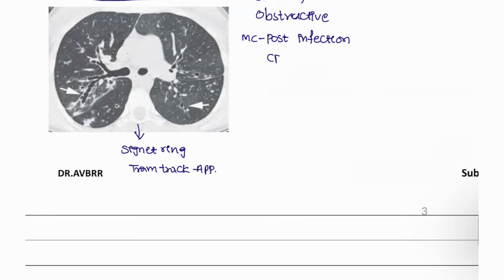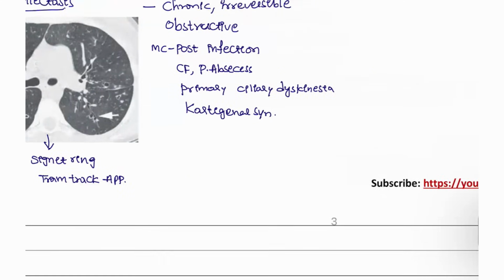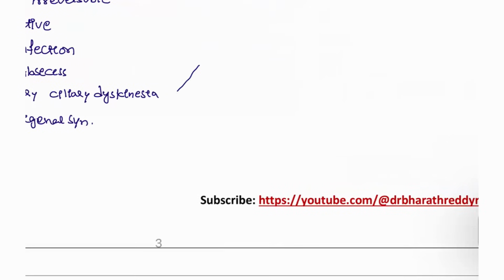Other conditions include cystic fibrosis and pulmonary abscesses. Also, primary ciliary dyskinesia, and Kartagener syndrome. These patients are also associated with bronchiectasis. In ciliary dyskinesia, you have to know about the triad.